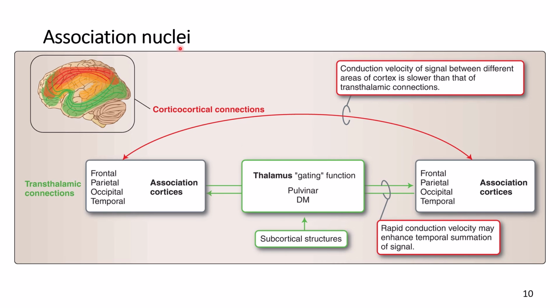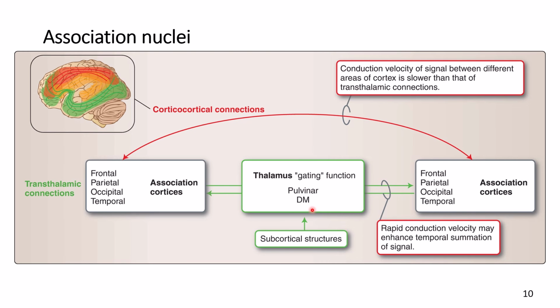So, association nuclei. For association nuclei, you have the pulvinar and dorsomedial nuclei in the thalamus. The thalamus is receiving information from the basal ganglia, from the reticular formation, from brainstem nuclei, and also from other parts of the limbic system.